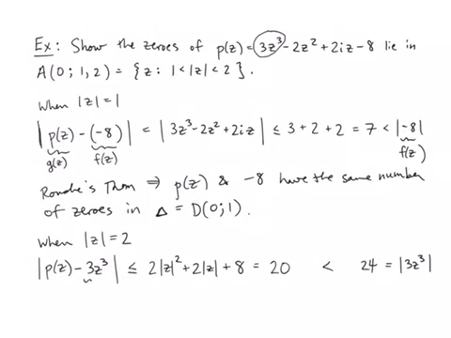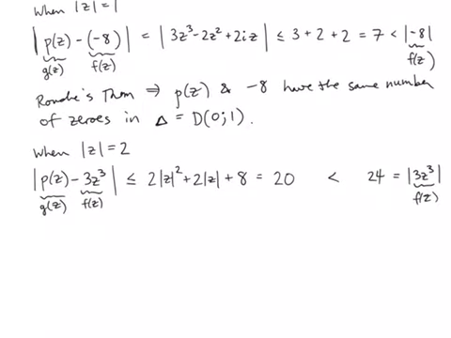So if we take this to be our f of z, this is g of z, right? That tells us that f and g must have the same number of zeros in the disk. Oh, right, sorry, back in the first part, which is 0. So the same number of zeros in the disk, which is 0.